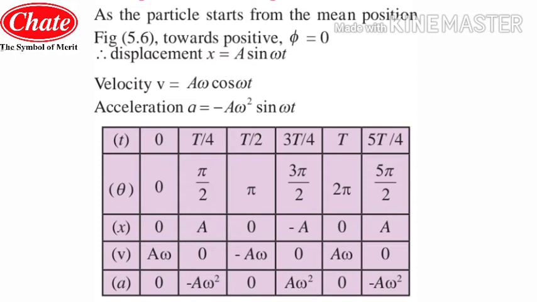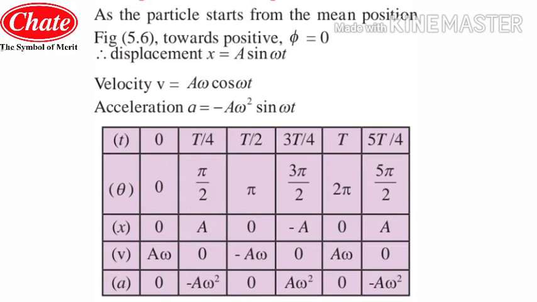So students, we have the formulas for the displacement, velocity and acceleration. The formula for the displacement is x is equal to a sine omega t. The velocity is the differentiated part of the displacement, so a sine omega t will be converted into a omega cos omega t.